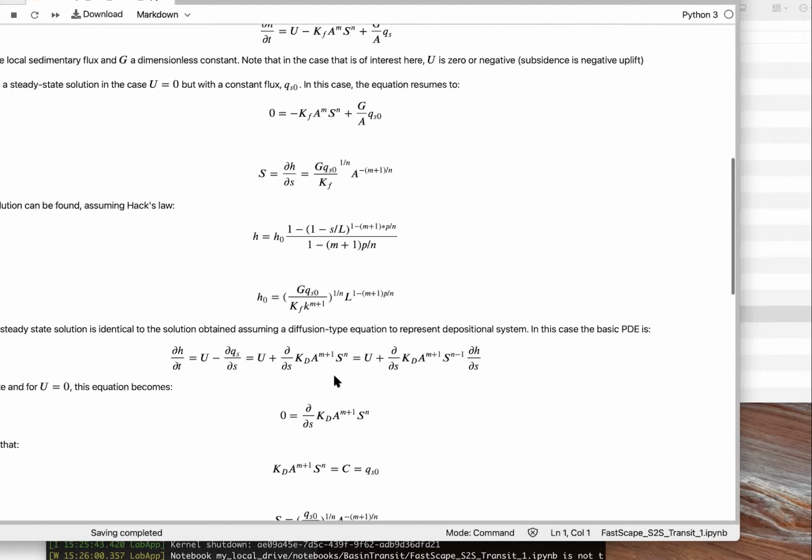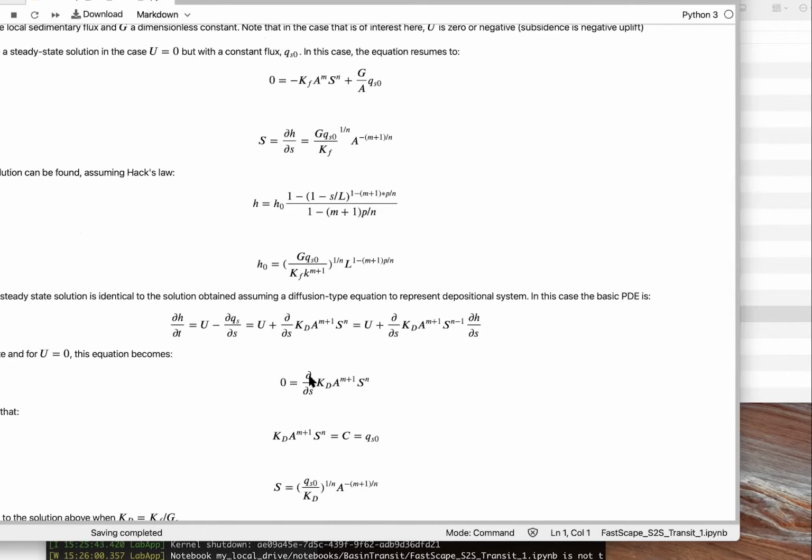Interestingly, if you take what Sebastian will introduce tomorrow, he already started to say that the rate of change of topography in the sediment system is due to the variation in space of the flux, and the flux has this shape.